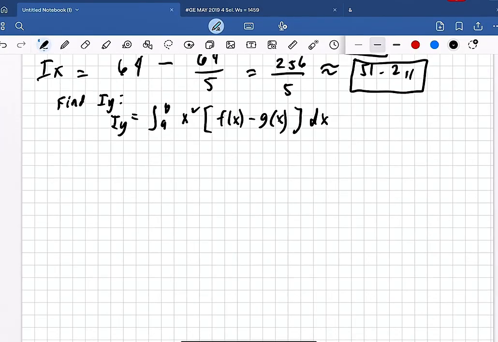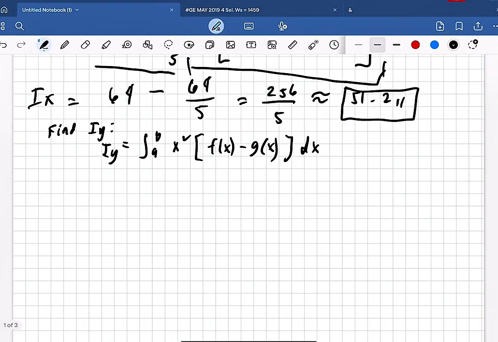Oh, that's correct. Substitute the values as usual: from negative 2, x squared, the value of f of x, which is 4, minus g of x, which is x squared, dx.